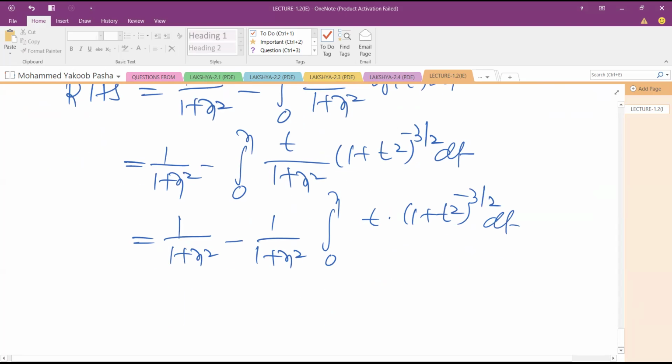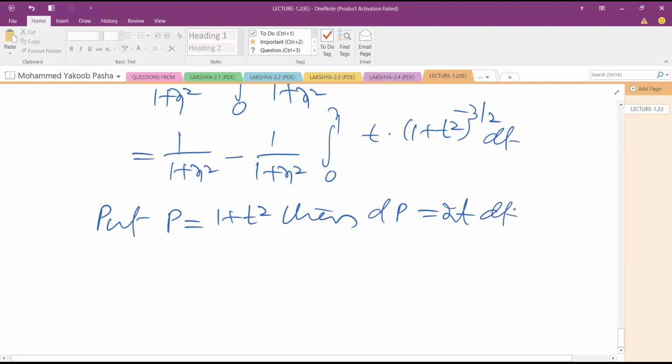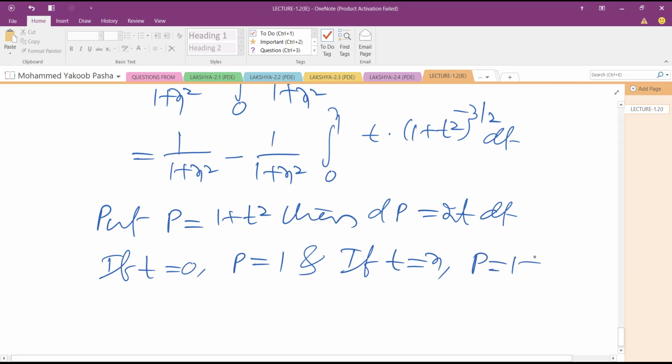Now use the substitution method. Put p is equal to 1 plus t square and differentiate with respect to t. We get dp is equal to 2t into dt. When t is equal to 0, the p limit is 1, and if t is equal to x, then the p limit becomes 1 plus x square.